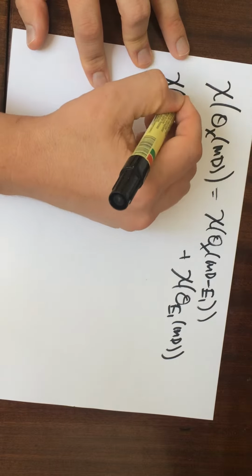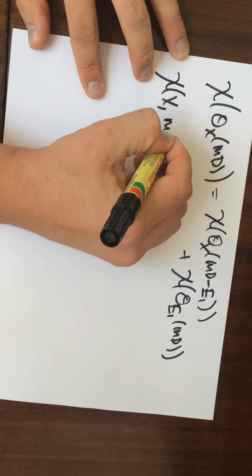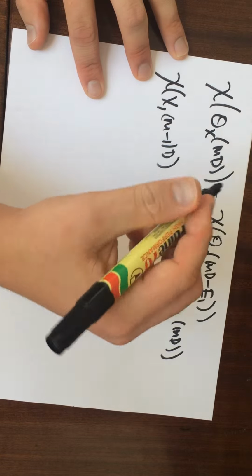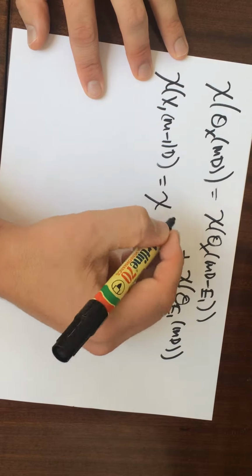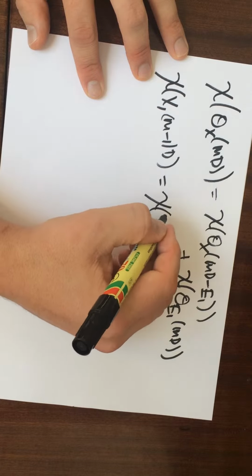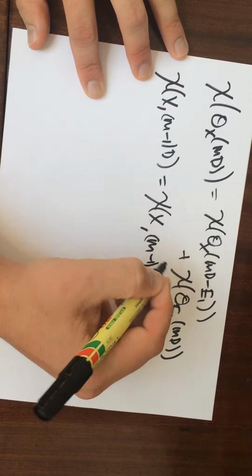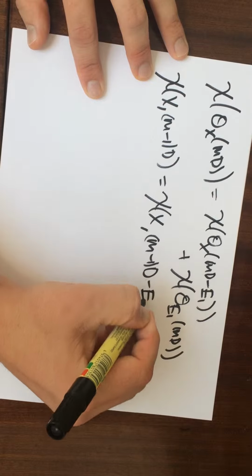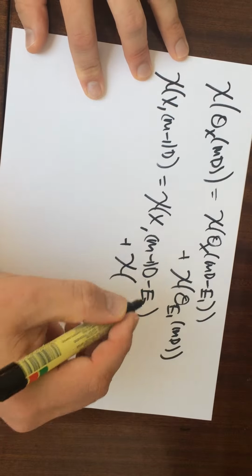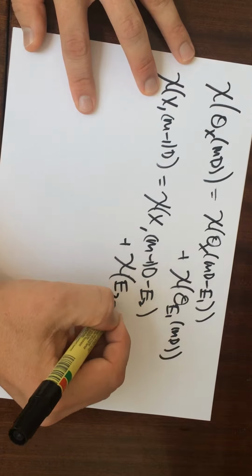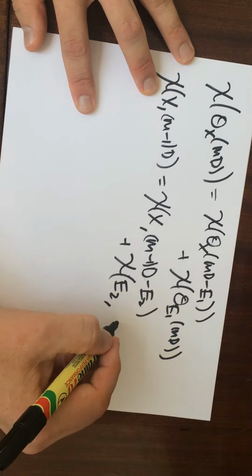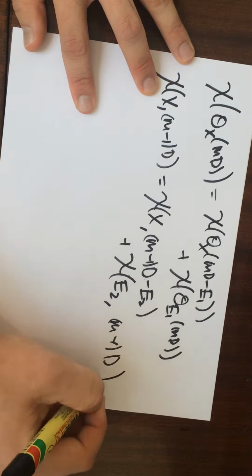So we have chi of X of (m minus 1)D plus is equal to the Euler characteristic of the outside thing, which was still X, of (m minus 1)D minus E2, plus this other Euler characteristic, which was on E2, of (m minus 1)D, the restriction.